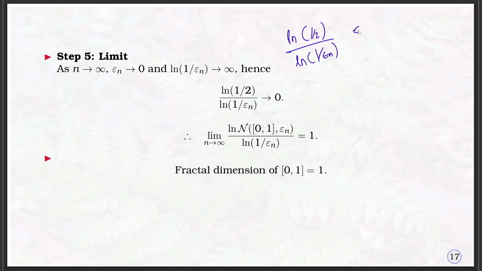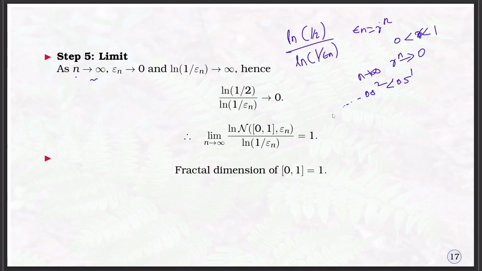Observe that epsilon n we can take as r power n, with r in the interval (0, 1). Here, if n tends to infinity, this sequence r power n approaches 0, because if you take, for example, r as 0.5, then 0.5 power 1 is greater than 0.5 power 2.